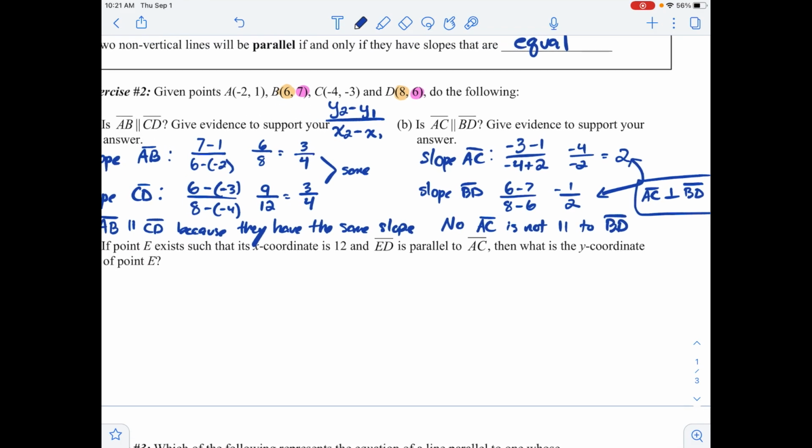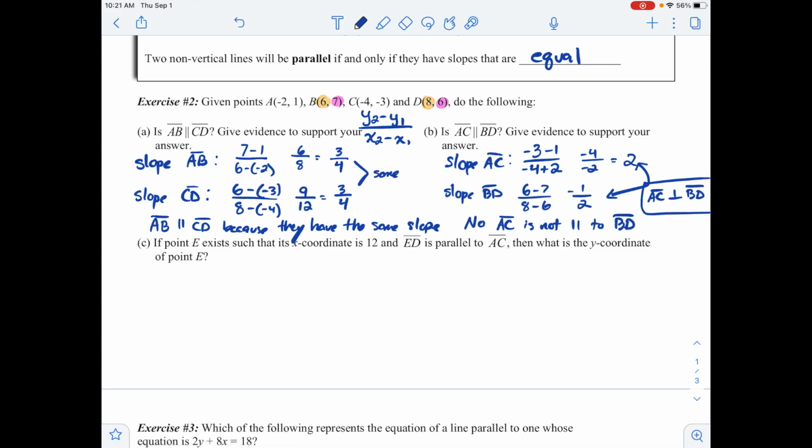Okay. All right, and last one here in this exercise. If point E exists such that its x-coordinate is 12, so I know for point E, I know the x-coordinate is 12. I don't know anything about the y-coordinate. I'll just call it y. We do know that ED is parallel to AC. Then what is the y-coordinate of point E?